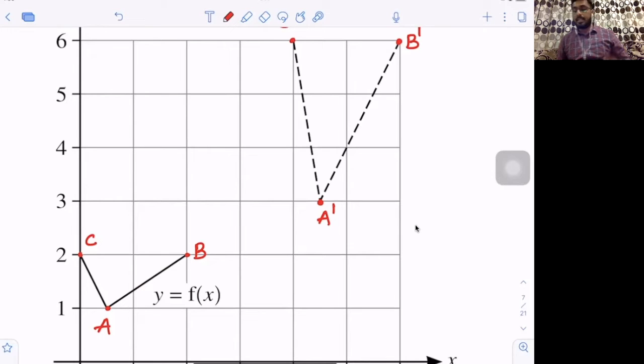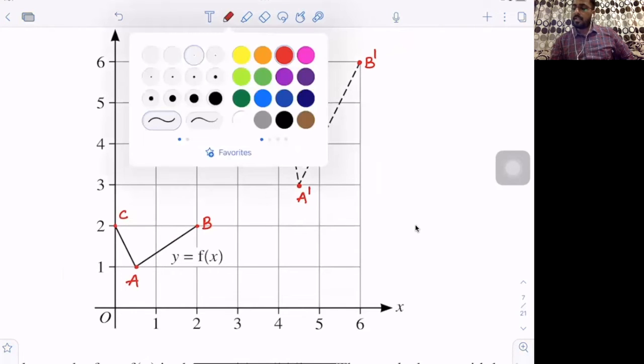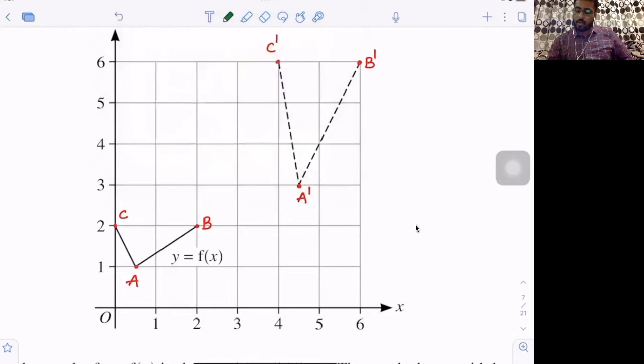Let's understand. Students, let's say we take line AC, and A prime and C prime. Now you can clearly understand that if I draw this line AC over here, I take this AC and shift it here.